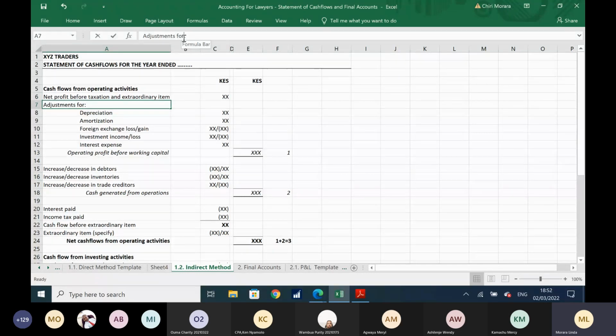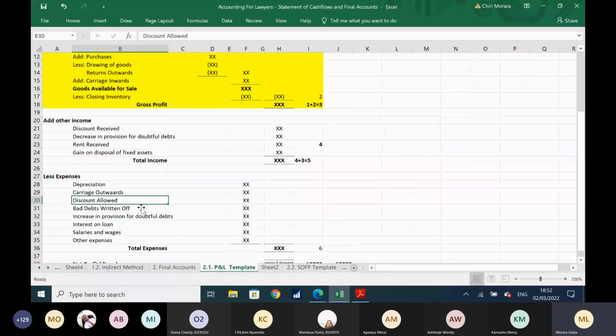I should have specified here, these are sort of non-cash items, because you would find that when you're computing depreciation, money really doesn't change hands. We're just reducing the value of our assets. So that is why you're adjusting, because depreciation, which you had already expensed in your profit and loss account, you already deducted as an expense.